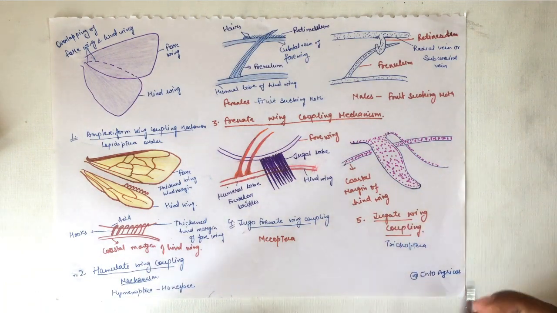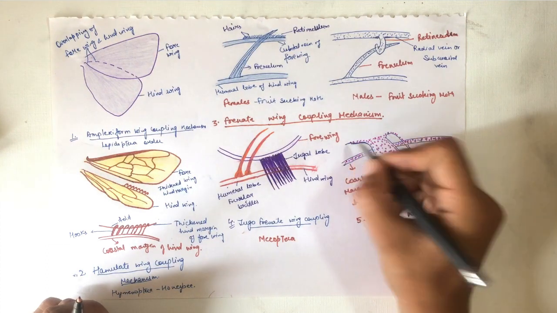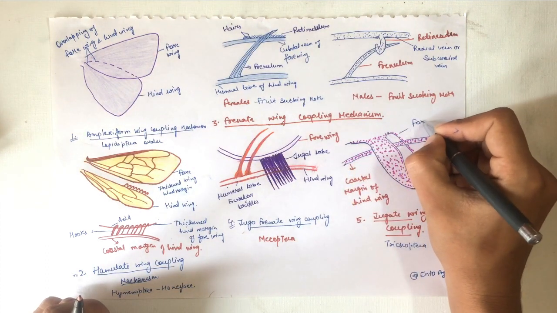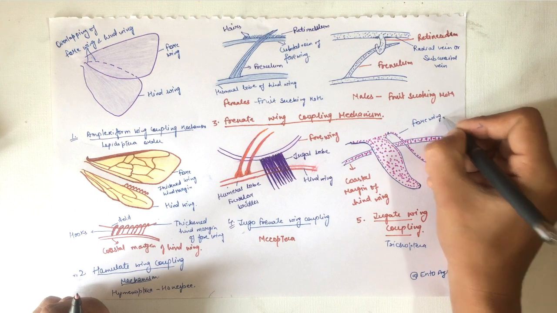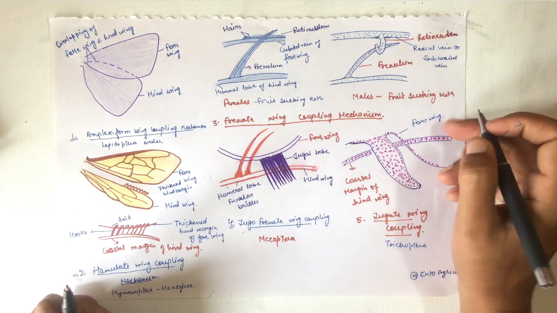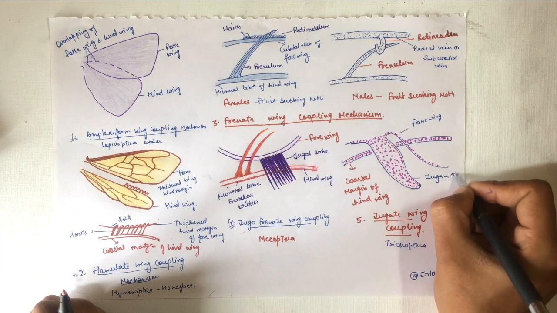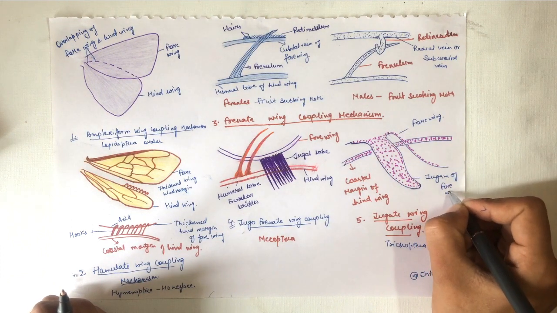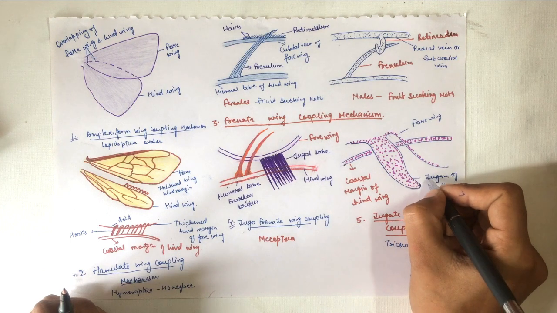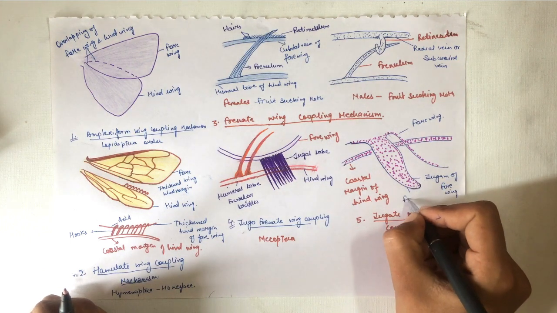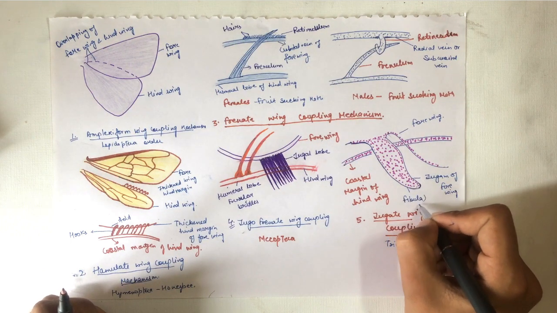And this forewing, in forewing, jugum of the forewing. So this is the jugum of the forewing. This is enlarged and this is known as fibula.